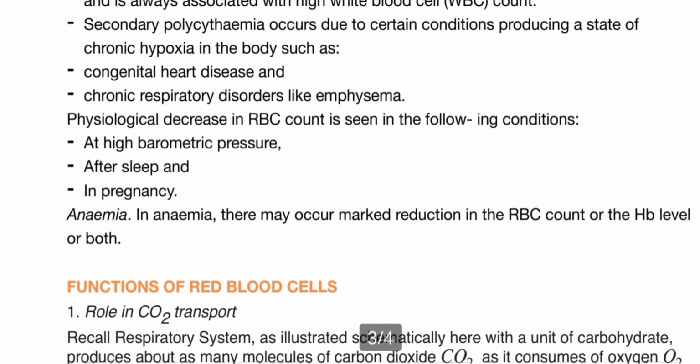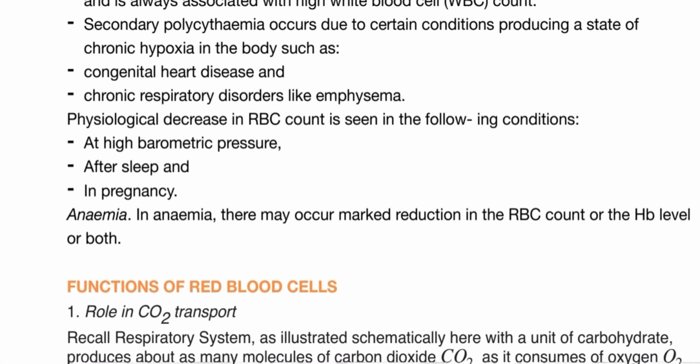Physiological decrease in RBC count is seen in the following conditions: at high barometric pressure, after sleep, and in pregnancy. In these three conditions, there is a physiological decrease in the RBC count. And in anemia, there may occur a marked reduction in the RBC count or the hemoglobin level, or both.